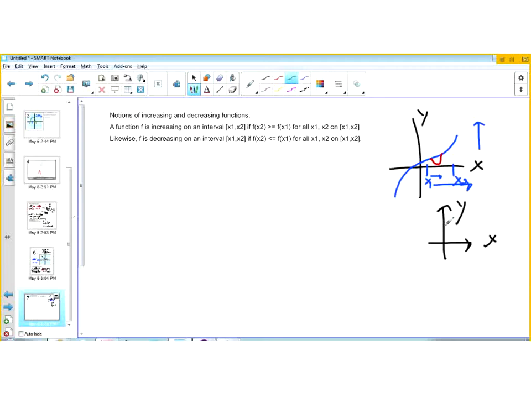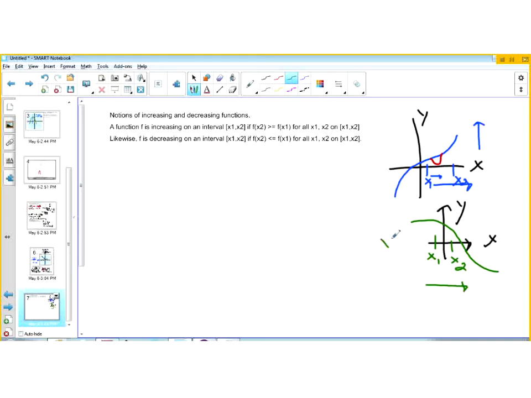Okay, and here would be an example of a decreasing function. So note that we can make this x1, and we can make this x2. So as x increases, note that each succeeding value of y correspondingly decreases as x increases.